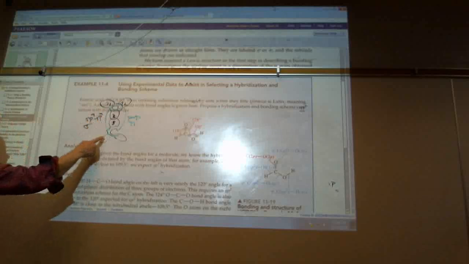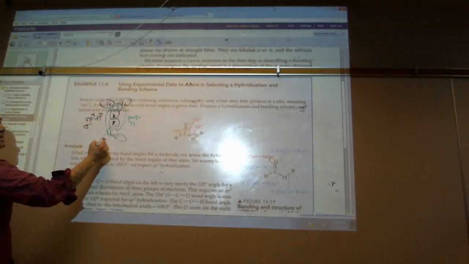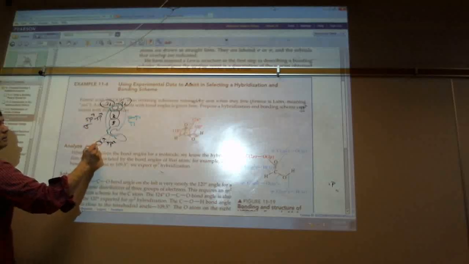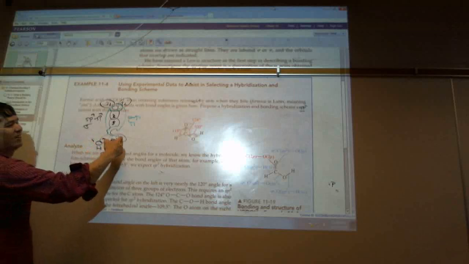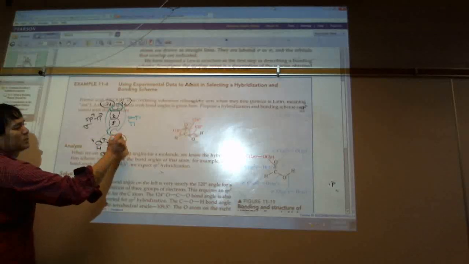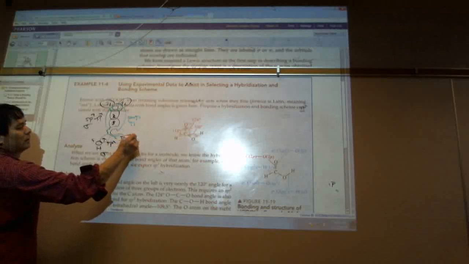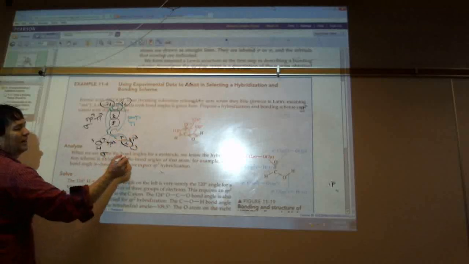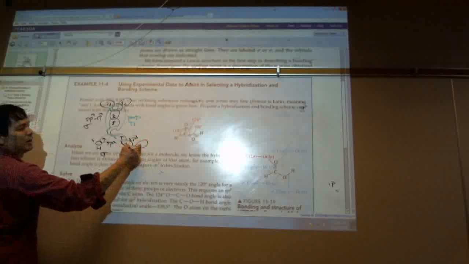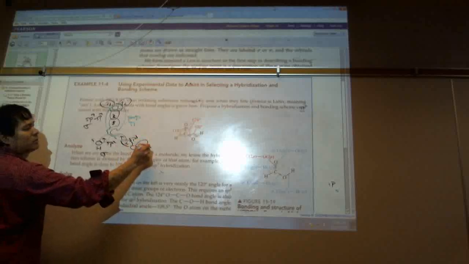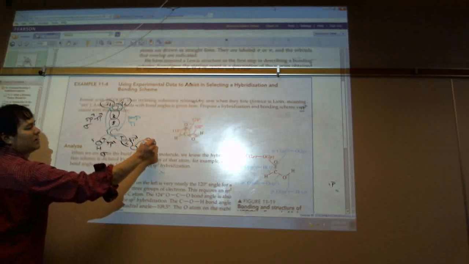What's happening here is we have an sp2 s on hydrogen sigma. What's happening over here? We have an sp2 to sp3 sigma, and then we have two in the plane. This other sp3 is going to hydrogen's s.